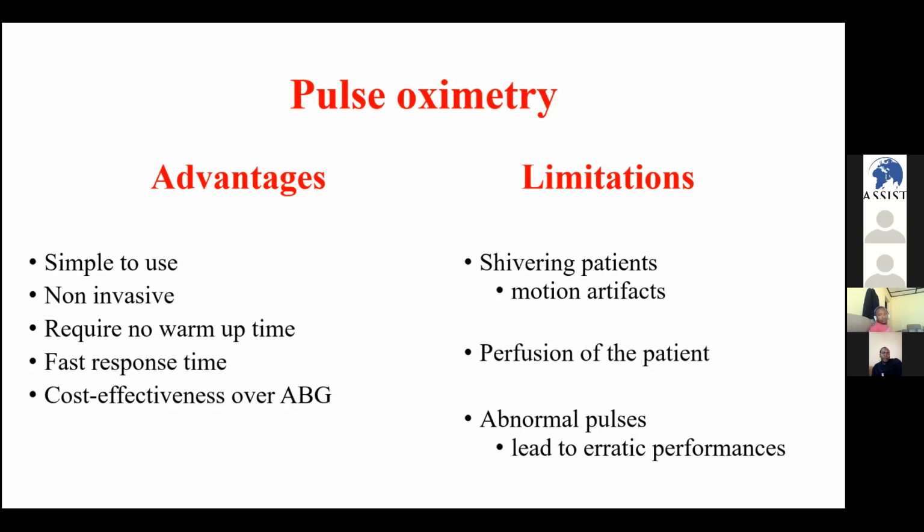So you have to be careful when evaluating pulse oximeter readings in patients who are in septic shock, hypovolemic shock, or other types of shock. Patients with arrhythmias can also have inaccurate readings depending on the quality of the pulse.